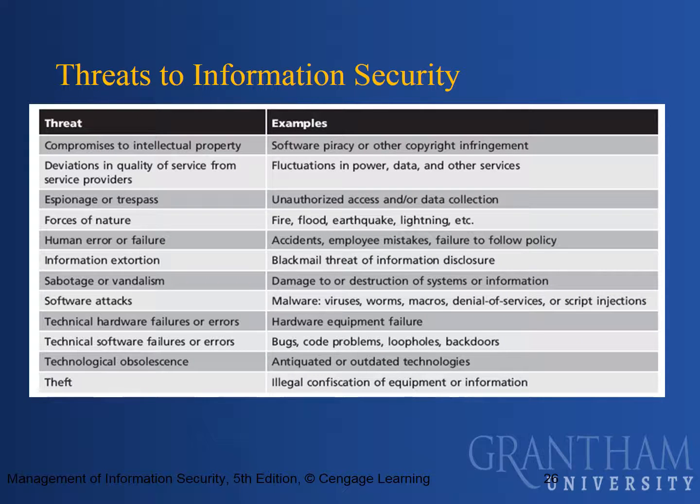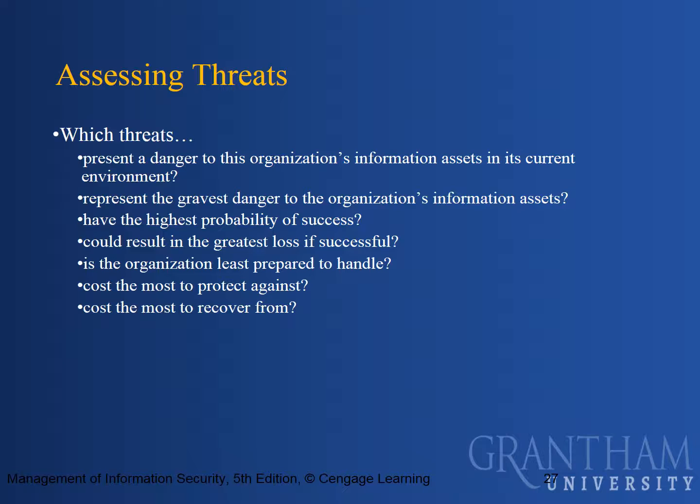Here's an example of threats to information security, such as espionage or trespass. We spoke about that in an earlier week. Human error or failure as well. Sabotage or vandalism. When assessing threats, the following can help you understand the various threats and potential effects on an information asset.